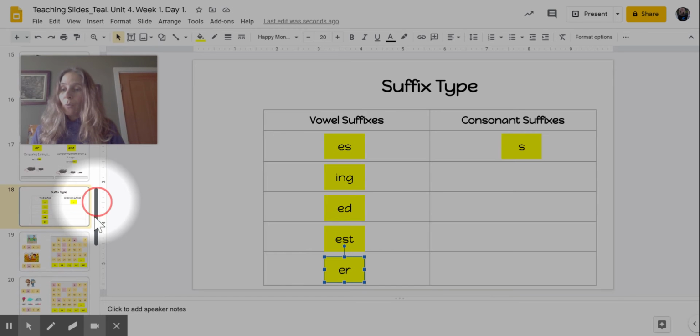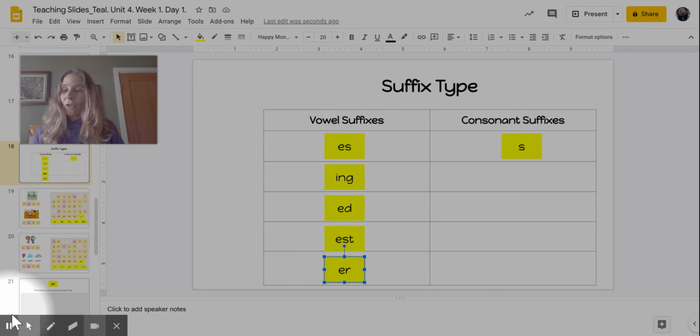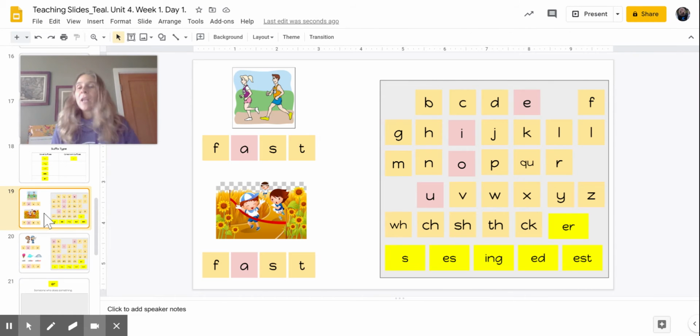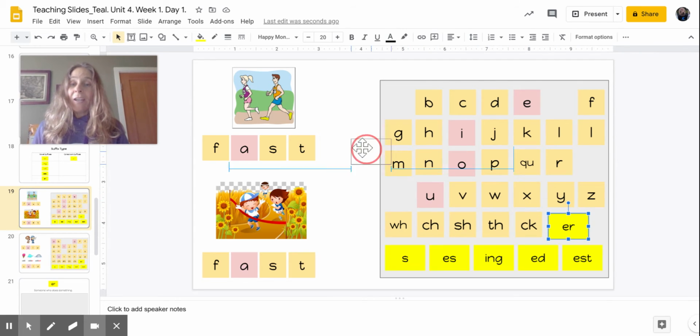So now let's do one more little activity, and I'm going to turn off my highlighter because we're going to build some words. So I've got this girl, and she's running fast, and he's running fast, but she is faster than him. There's only two of them, so I'm comparing two things, and so I'm going to use the suffix -er.